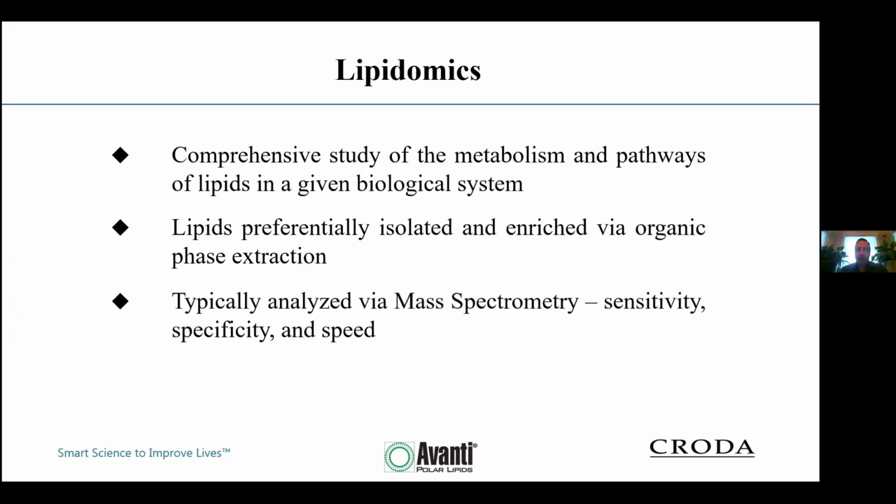And then we typically analyze these lipids by mass spectrometry. And the reason we do mass spectrometry is because of the very high sensitivity of the instrument. Also, we get a high degree of specificity with regard to mass, and when we do MS/MS with regard to structure. And when one uses MRMs, we can quantify these species very rapidly.